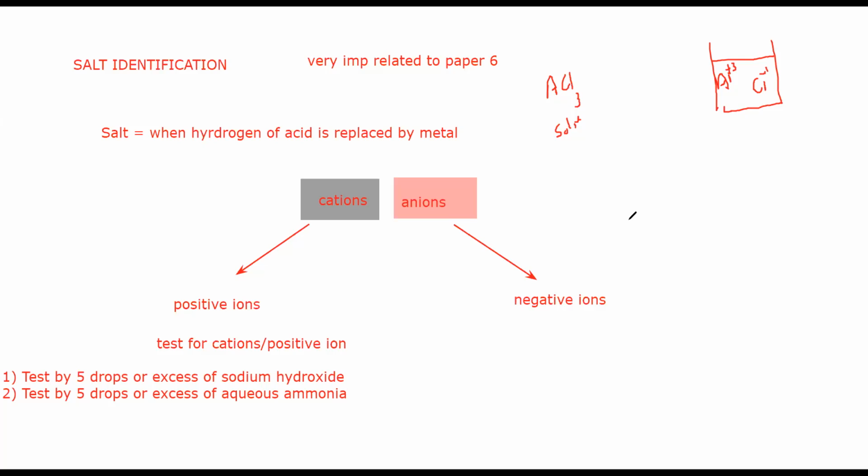So then we will do a test in this mixture, a salt solution. We'll add 5 drops of sodium hydroxide, then excess. This is a test for the positive ion. There are many ways to test the positive ion, but in your course outline, you have to learn two of these tests.